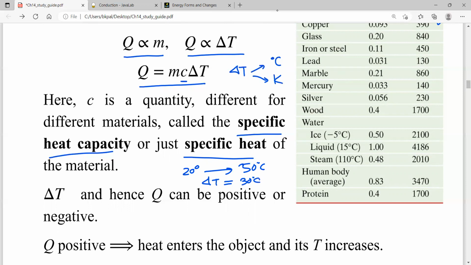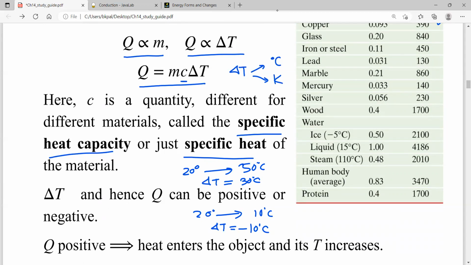But sometimes it could happen in the other direction. Let's say you start from 20 degrees Celsius, but the temperature decreased to 10 degrees Celsius. Now you see the delta T, the final temperature minus initial temperature, is minus 10 degrees Celsius. So if temperature increases, delta T is positive. If temperature decreases, delta T is negative.